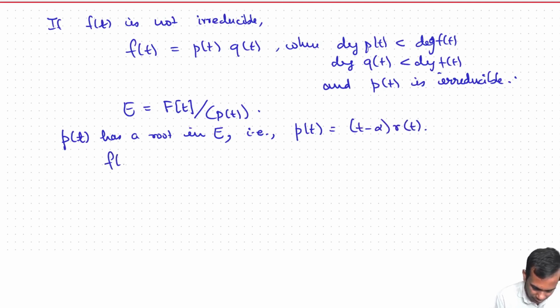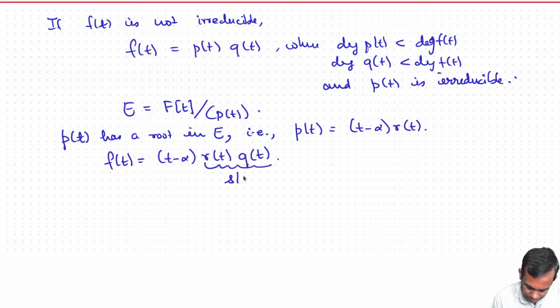So what we have is f(t) equals t minus alpha times r(t) times q(t). Let's call this s(t).